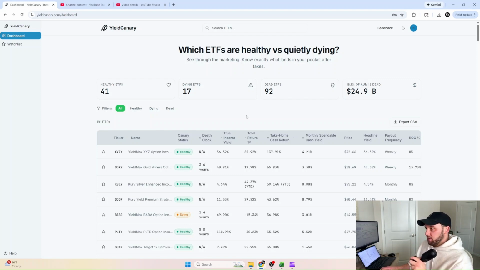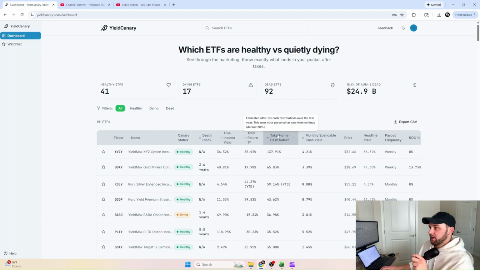So once you have your tax rate entered into your settings, there are two columns that this affects right now. We could always add more because there is more data in the back end here that we were thinking about adding to the dashboard. But take home cash return, this one is using your tax setting. You could see there in the description.